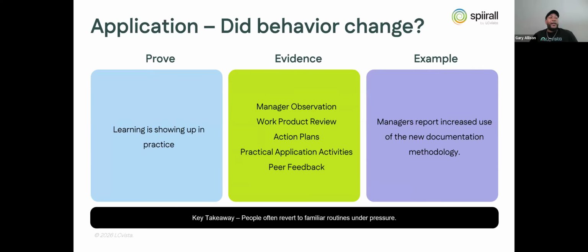And the key takeaway here, again, time and space and distance from learning is always a challenge. And so some of these things provide mechanisms for ensuring that people don't forget, retention boosters, right? Or that people have a chance to apply and have a chance to practice in a controlled environment.